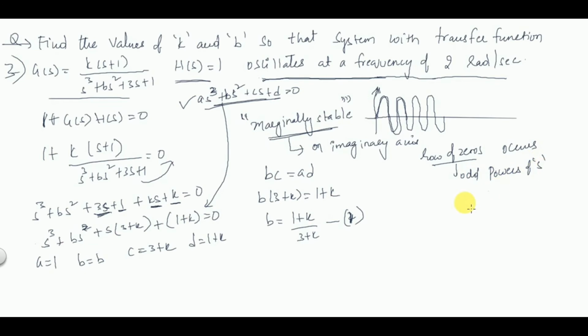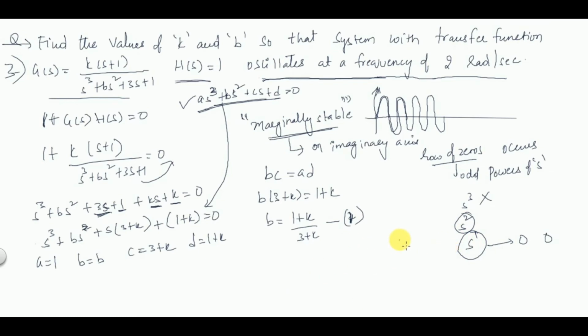S cube cannot be 0 because s cube is the starting row. So s power 1 is the only option. S power 1 should be a row of zeros, then the s square row should be the auxiliary equation, and the roots of the auxiliary equation represent the closed loop poles.